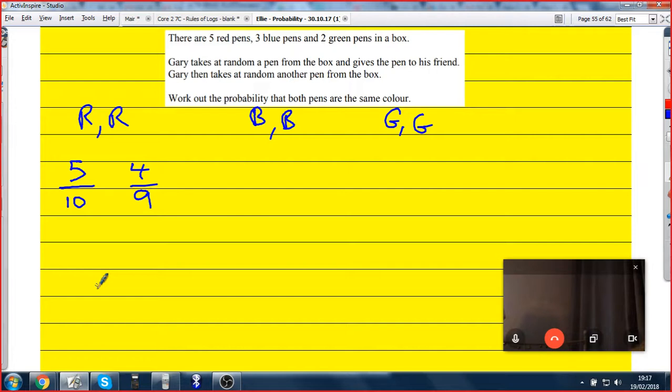So basically, the probability of getting a red first is 5 out of 10. The probability of getting a red second is 4 out of 9. How would you combine them to be one probability of red then red? Would you add the 2 we've got? No. Let's see. Just trying to see if there's some obvious way, because we kind of skipped some stuff.